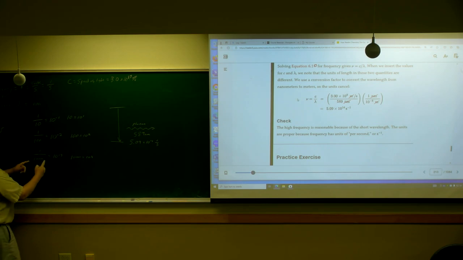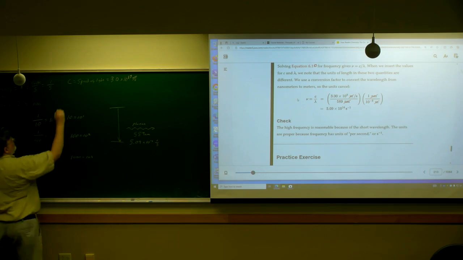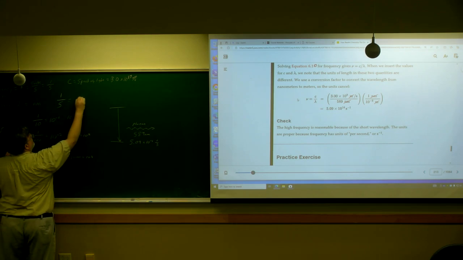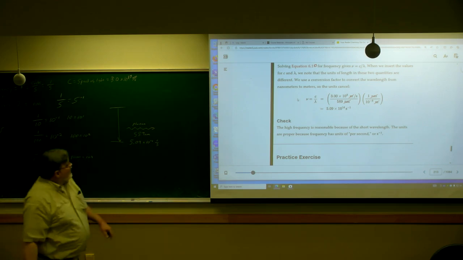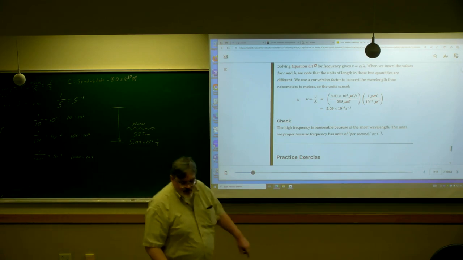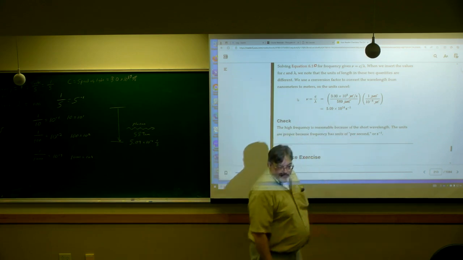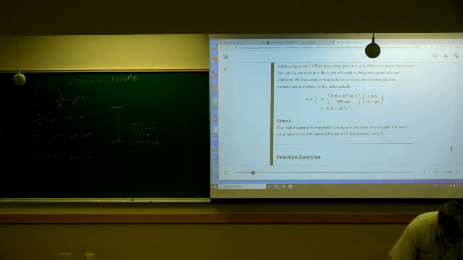We bring the 1,000 up to the top, we change the sign, and get that. So if you have units on the bottom, like 1 over S, it will sometimes be depicted as S to the negative 1. So don't let that throw you off. I tend to just stick to 1 over S. It's easy enough to write. Maybe that works better when you're typing.